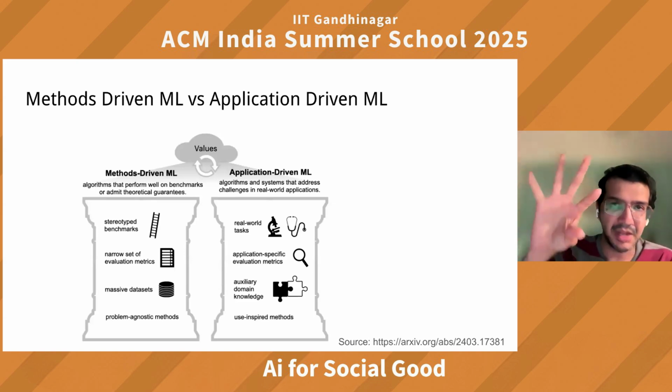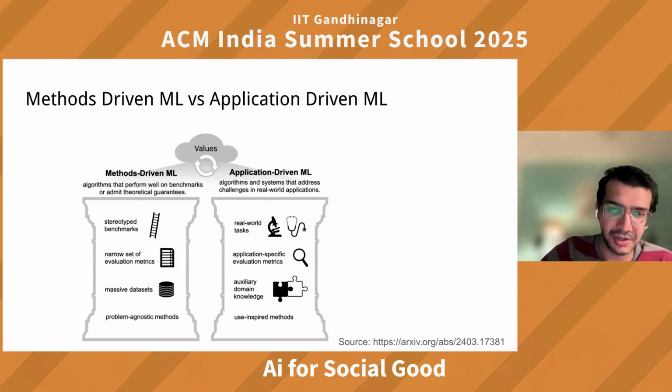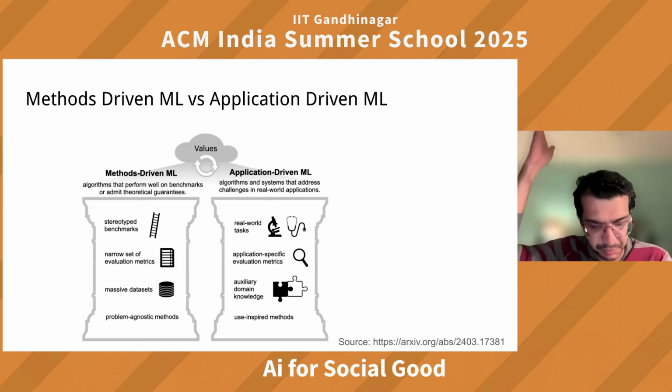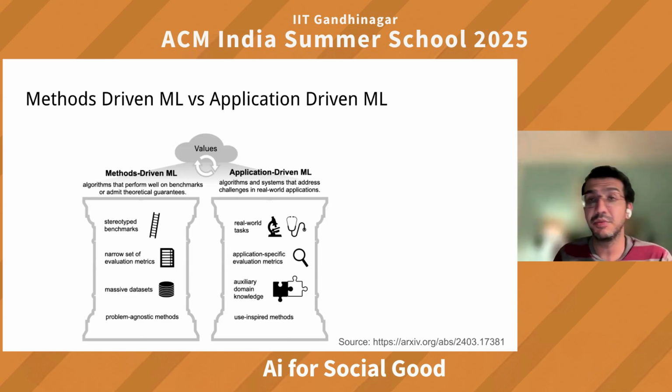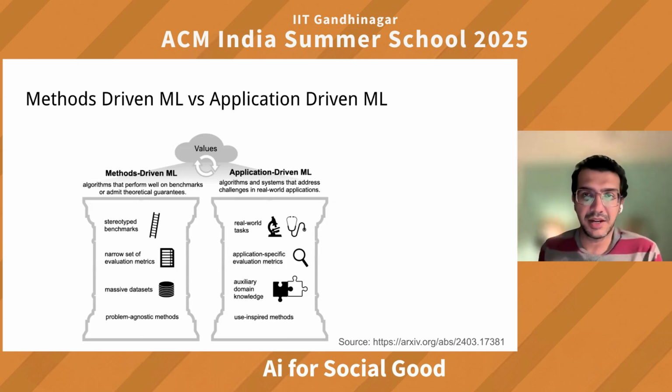Versus application-driven ML, and this can be research too, is on real-world settings, real-world evaluation, real-world constraints. For example, in the COF project that I mentioned before, I had a lot of people on the team who wanted to try very, very complicated models, right?